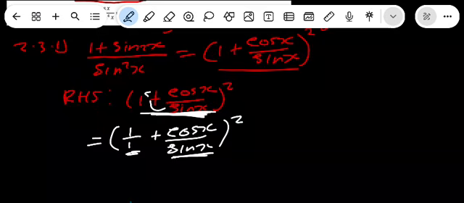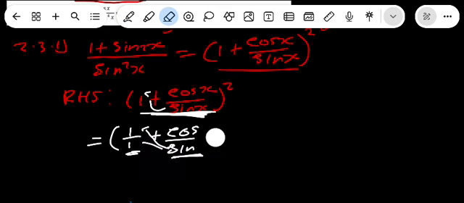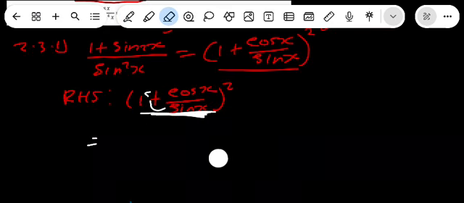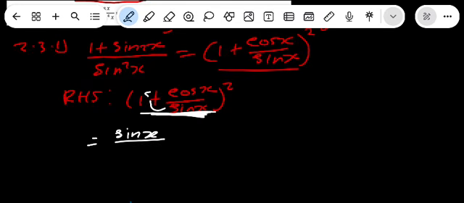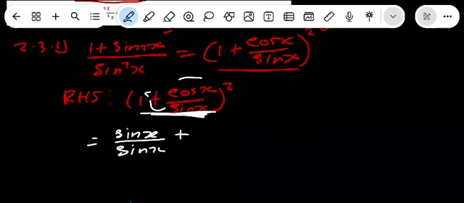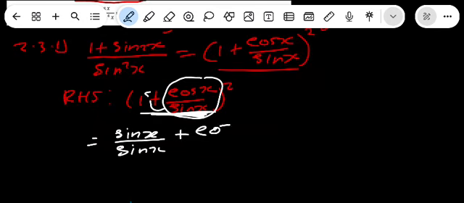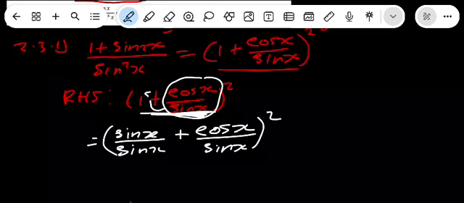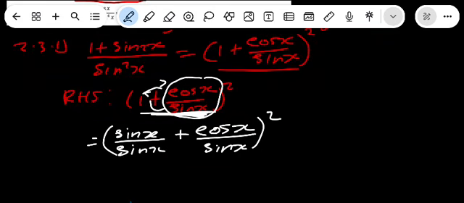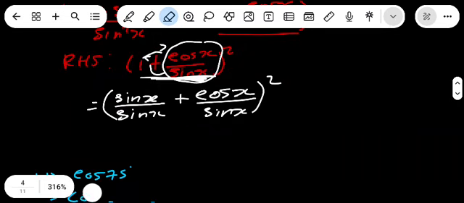If it's not the same, you cross multiply. If you cross multiply, you'll have what? Sine multiplied by 1 will be sine x divided by sine x, isn't it? We have plus, we have this as it is, cos x divided by sine x. Because when you multiply by 1 it won't make any difference. This is what you have.